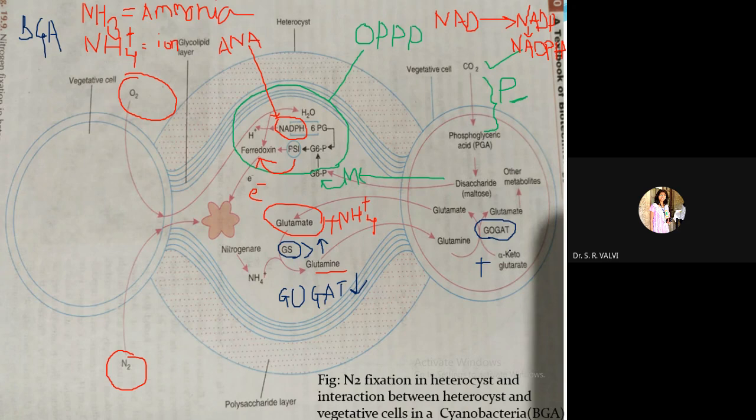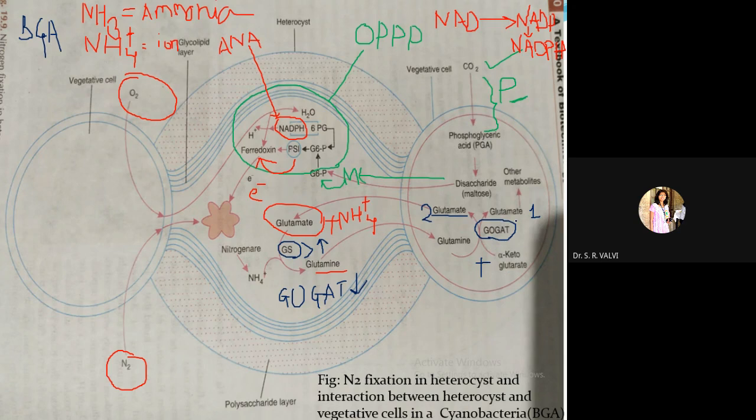With the help of this GOGAT, glutamine is going to form two molecules of glutamate. This is the first molecule of glutamate or glutamic acid, and this is the second molecule of glutamic acid formed from glutamine along with alpha ketoglutaric acid.